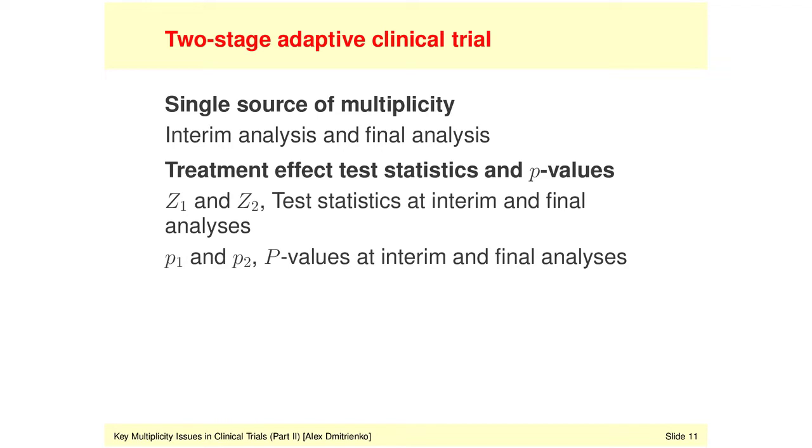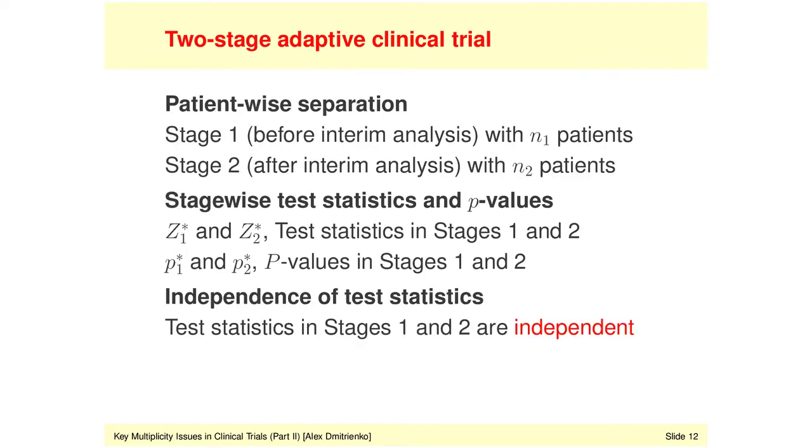For example, Z2 and P2 are derived from all data available at the final analysis. The combination function principle approaches analysis of data from multi-stage trials from a different perspective. In very simple terms, test statistics and p-values are first computed from each stage within the trial, and then they are combined across the stages using appropriate methods.